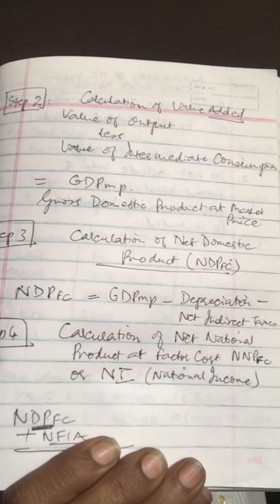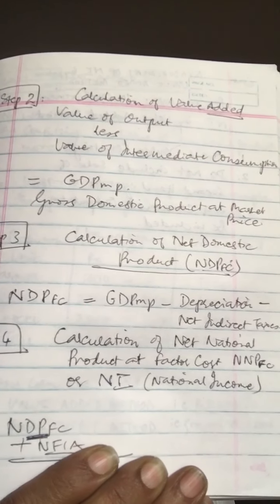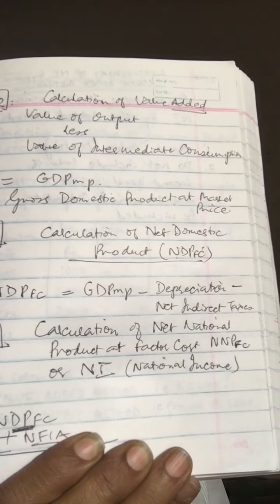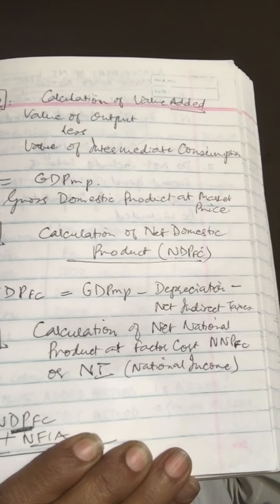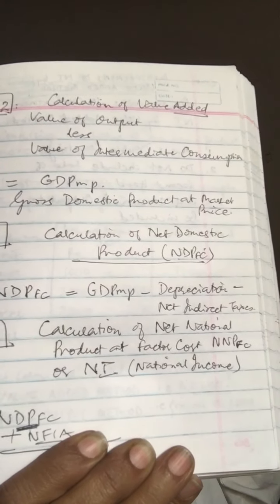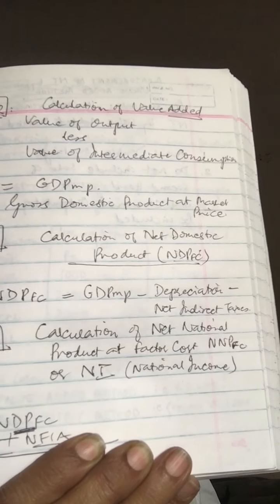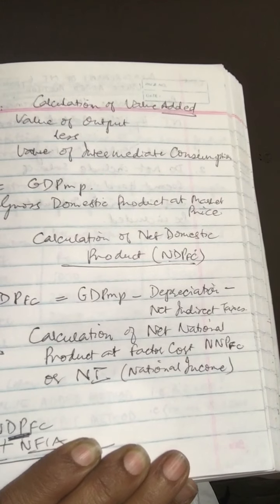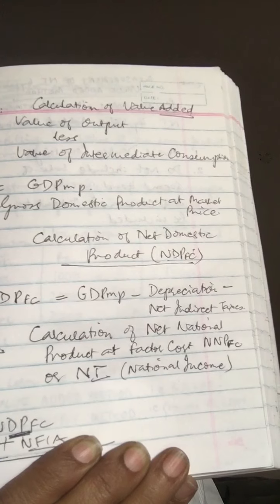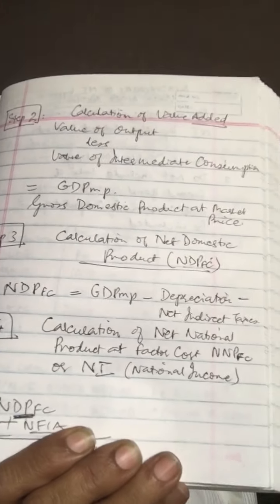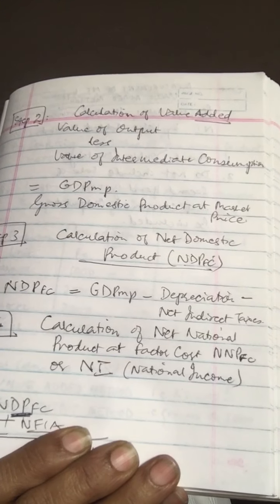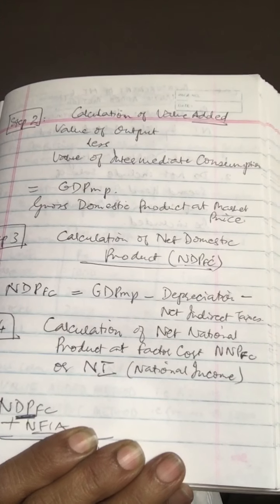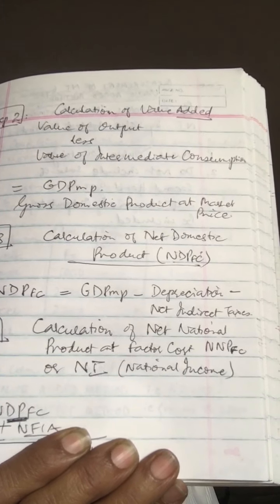Step 2 is calculation of value added, and this is also valued at gross domestic product at market price. So value added or value addition is the difference between value of output and intermediate consumption. Later I will explain value added with the help of double counting in the next class. So that is value added.